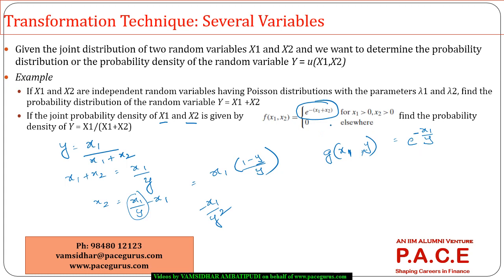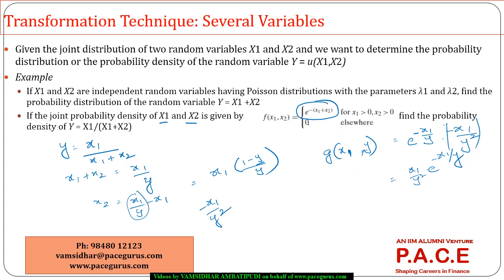So I am expressing it as minus x1 by y, and the derivative of it, which I am taking as minus x1 by y squared. I am taking the modulus of it, making it x1 by y squared e to the power of minus x1 by y. So I am only expressing in terms of x2. I am removing x2. I am expressing in terms of x1 and y.